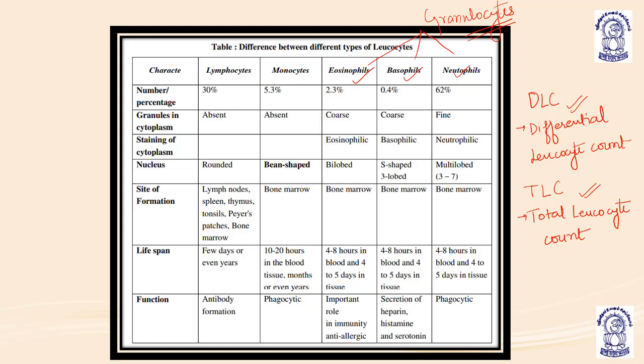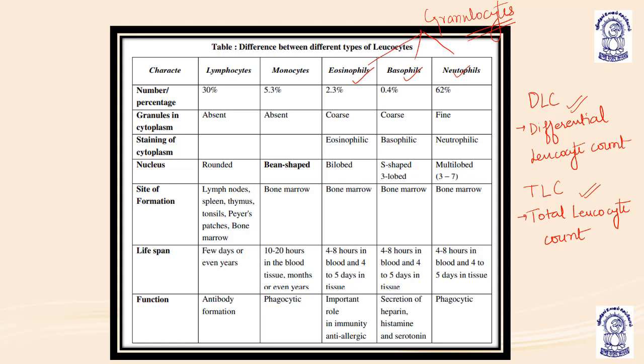Agranulocytes simply means what? That they are not having granules, and granulocytes means that granules are present. So in agranulocytes, lymphocytes are dominantly present, and in case of granulocytes, the neutrophils are dominantly present. Understood?